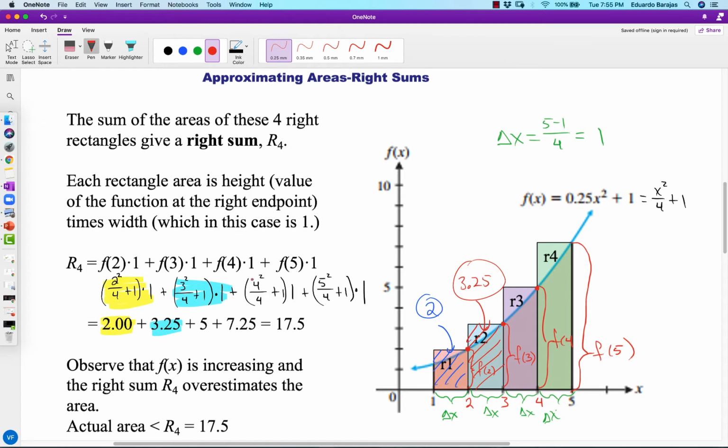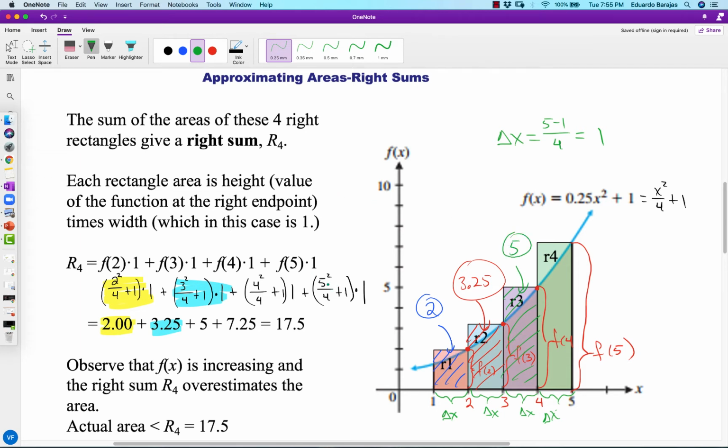Likewise, the third rectangle is going to be 4 squared divided by 4. 4 squared is 16, divided by 4 is 4, plus 1 is 5. So that means that the area of this third rectangle is equal to 5 units.